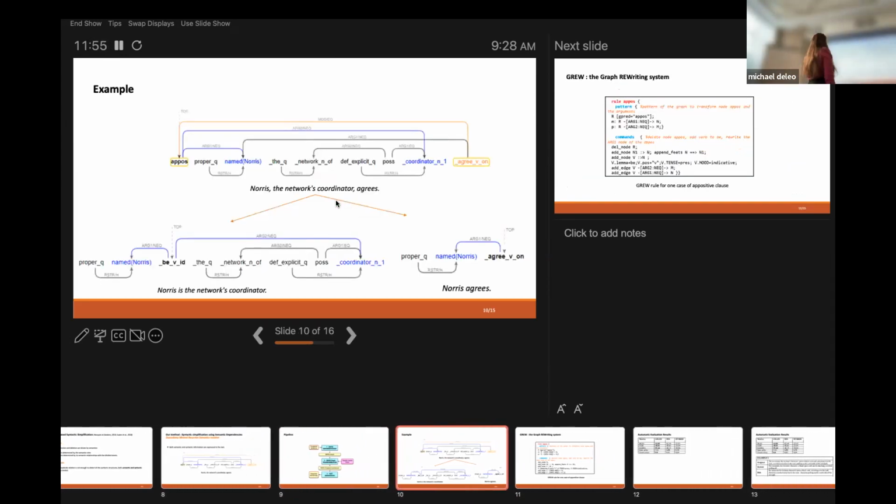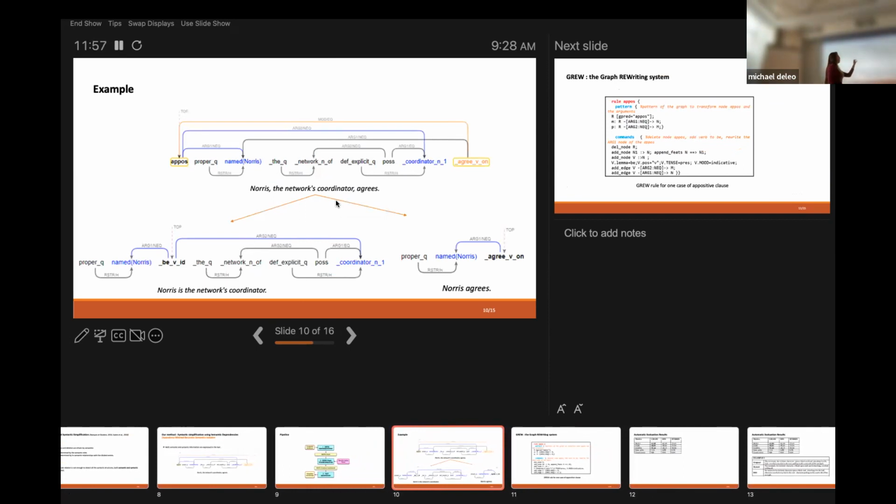Usually we have sentences that are more difficult than this one, but in order to have a clean example, we used a simpler sentence.